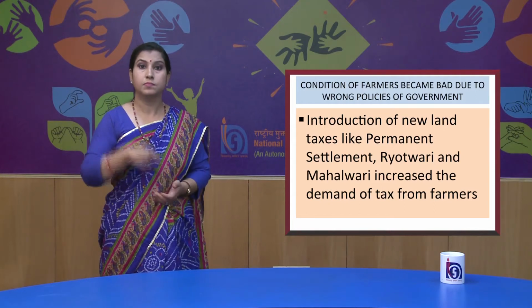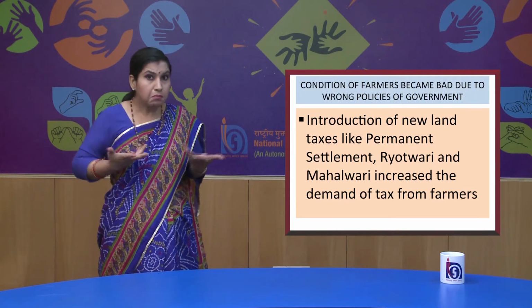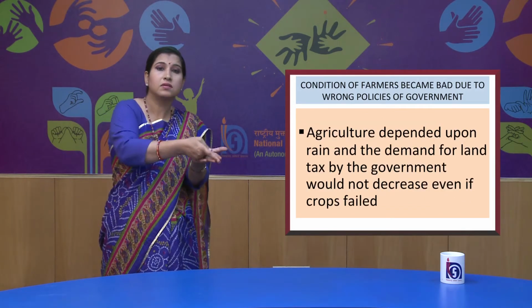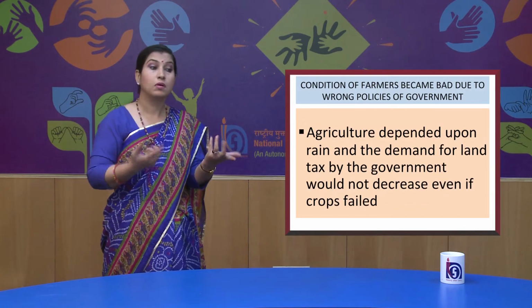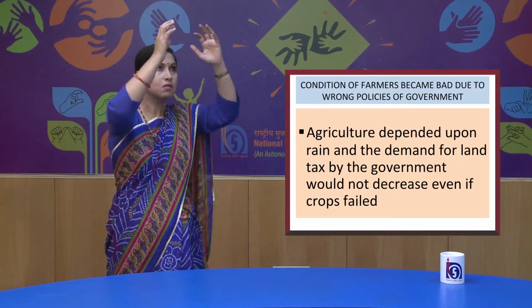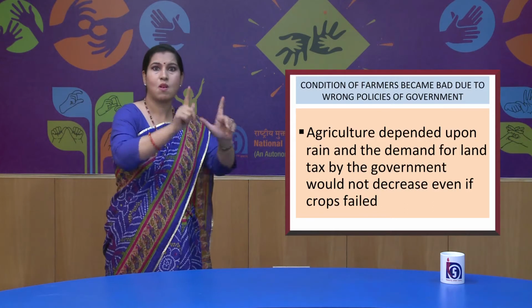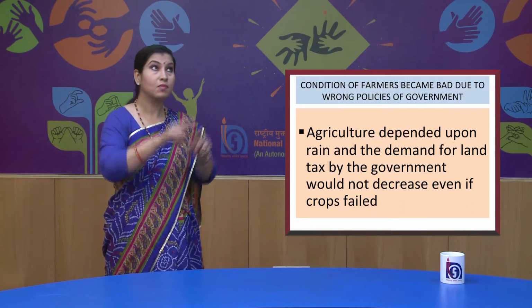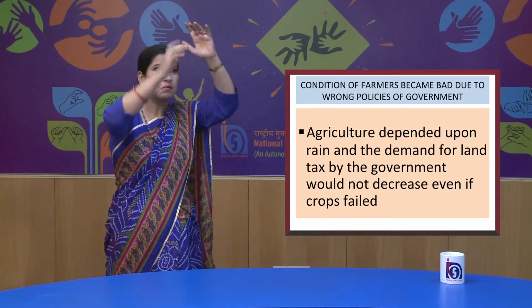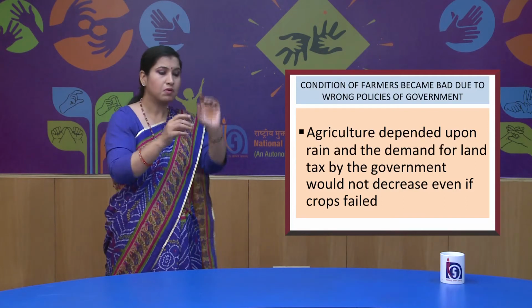It is important to note that in those days, agriculture was dependent upon rains. If rainfall took place, crops were produced, and if less or no rainfall occurred, the crops were destroyed.